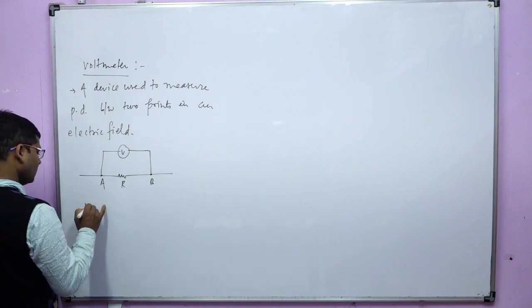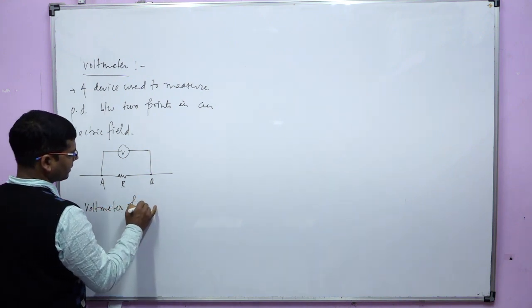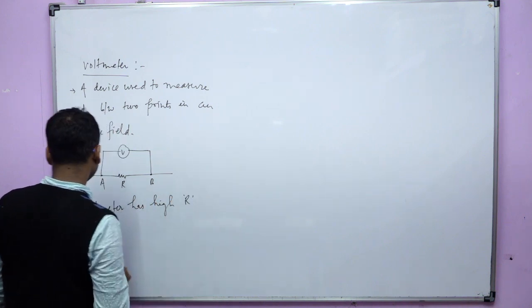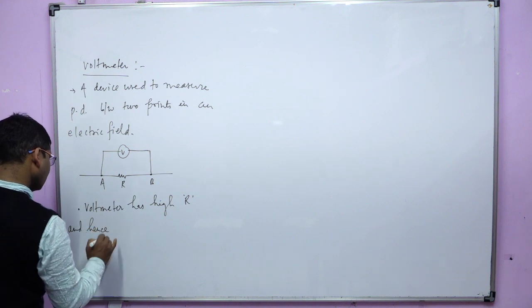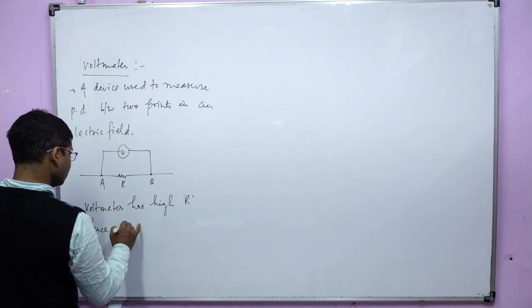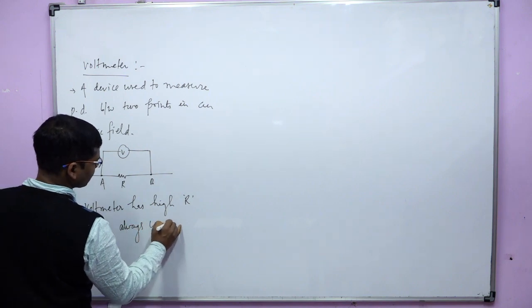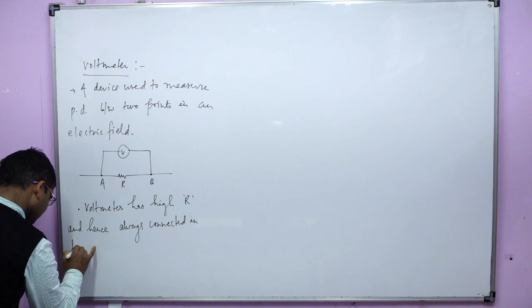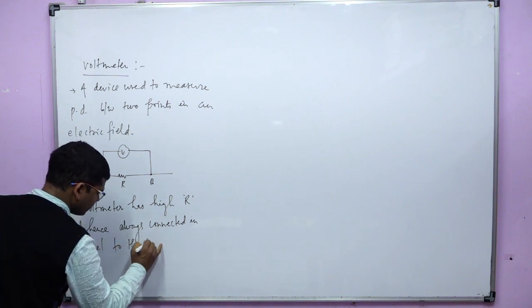So, voltmeter has high resistance and hence is always connected in parallel to the resistor.